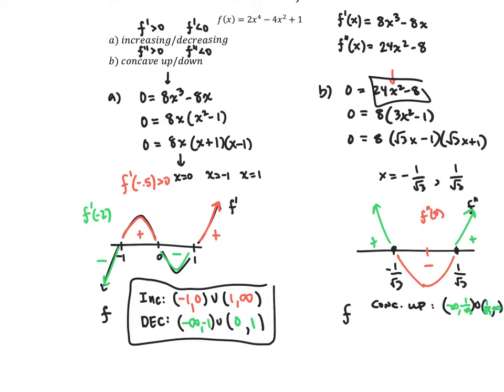That's where the second derivative would be positive. Therefore, concave up for f of x, concave down would be just on the interval from negative 1 over root 3 to 1 over root 3. All right, there you have it.